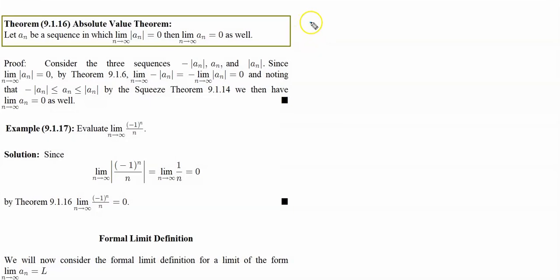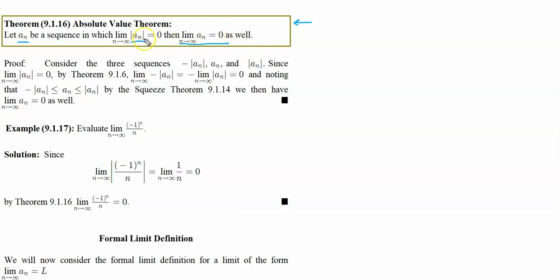And here we're going to consider one final theorem in this lesson, and this is called the absolute value theorem. Now this theorem states that if you have a sequence a sub n in which the limit as n goes to infinity of the absolute value of the a_n terms is equal to 0, then the limit of the original sequence a sub n without the absolute values must also equal 0.